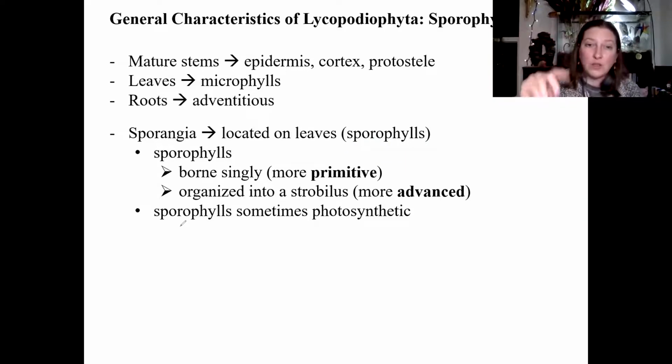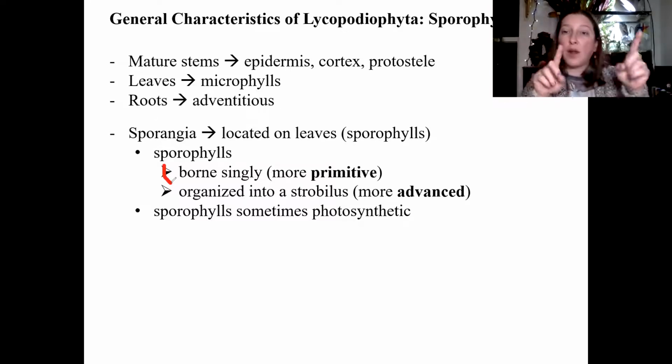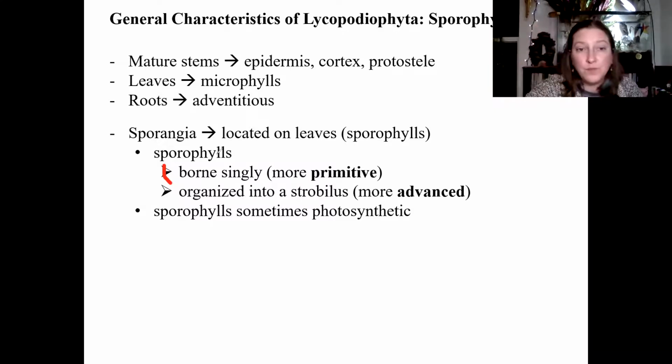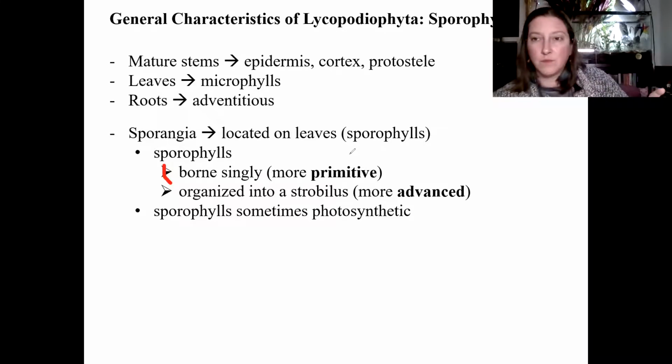And last time we also talked about how the sporophylls themselves sometimes look like normal microphylls and are green and just borne singly, which means just on their own. They're not arranged in any way. It's like, here's one, here's one, here's one. Looking like a regular microphyll and being borne singly, that's the more primitive state.